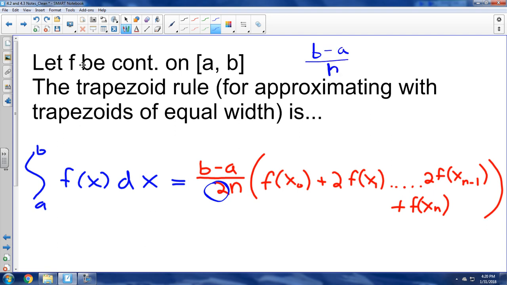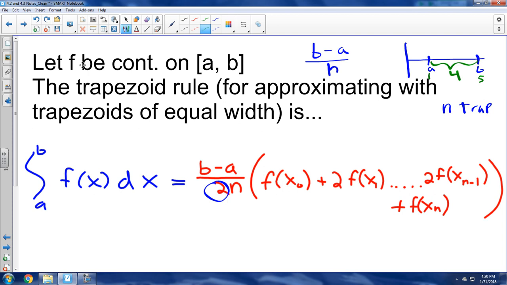Well, that is really, if you're talking about something that starts at a and ends at b, and there are n trapezoids, right? If you take b minus a, let's say, for example, a is 1 and b is 5. Well, then b minus a is 4. It's the distance.